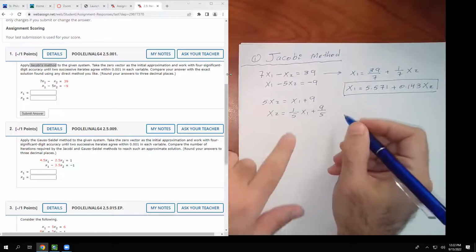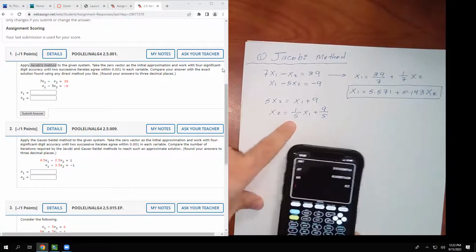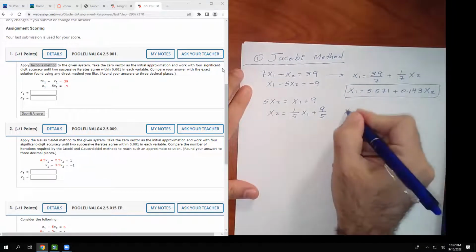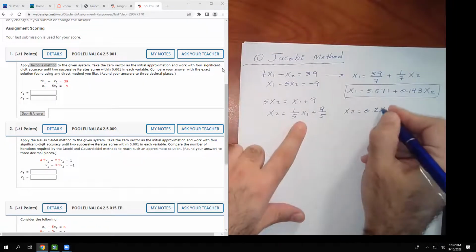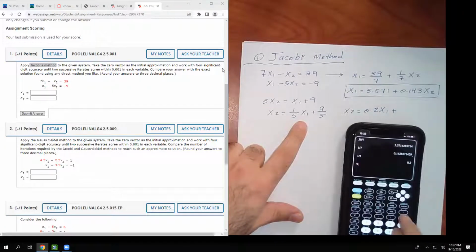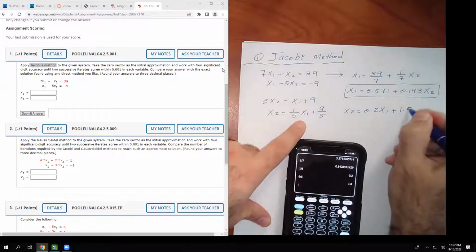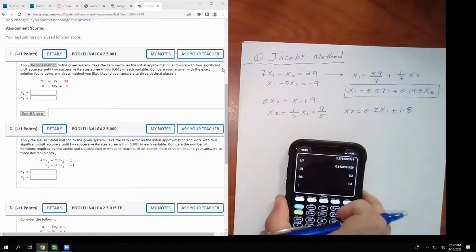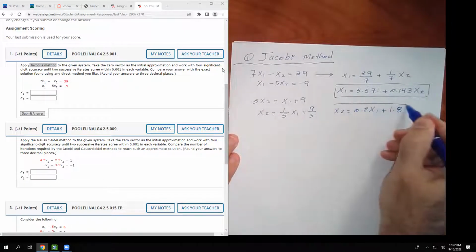The same thing, I'm going to convert this to decimals. 1 divided by 5 is 0.2, and 9 divided by 5 is 1.8. So x2 equals 0.2 x1 plus 1.8. This is the second equation to find the value of x2.